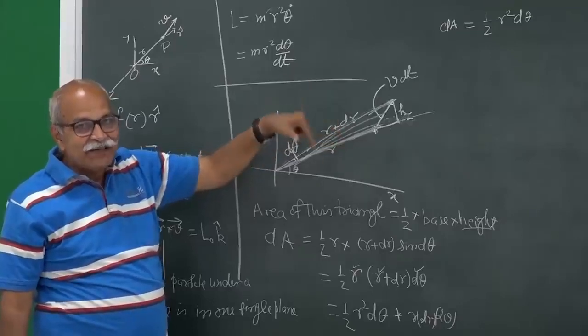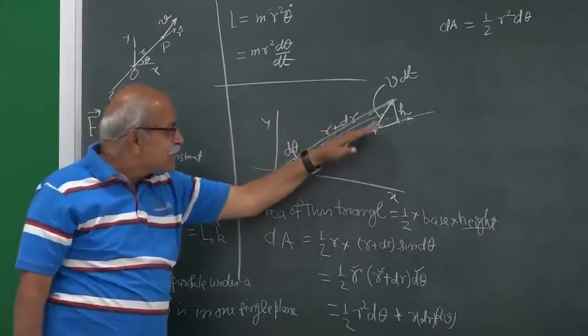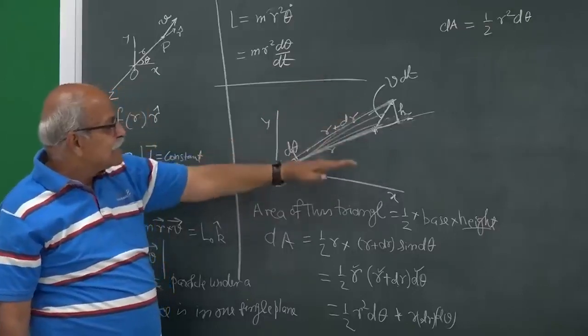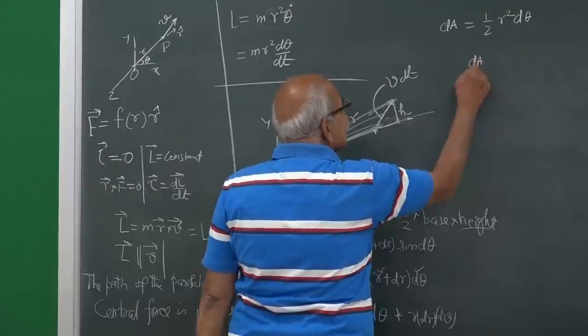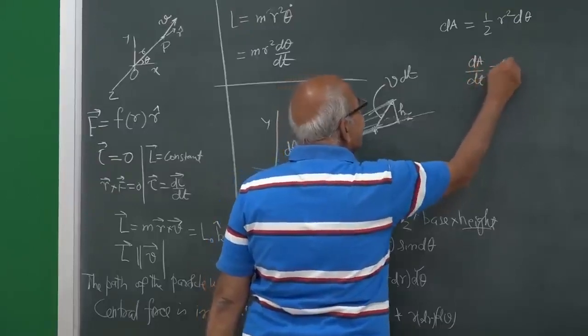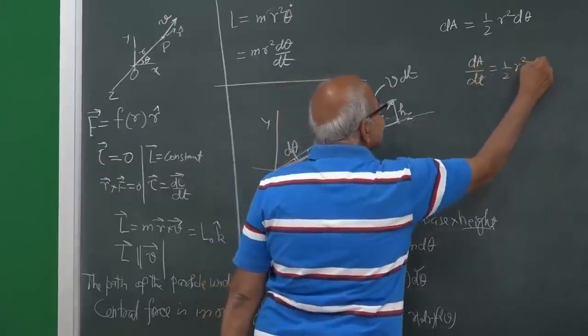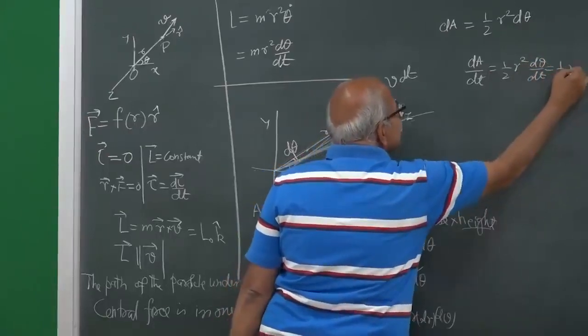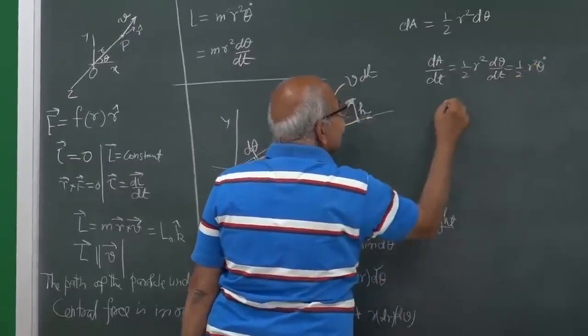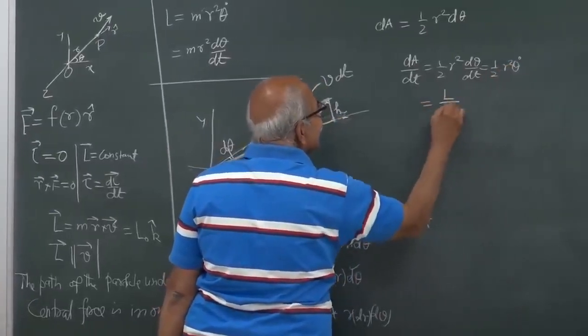So the rate at which this area is being swept will be dA by dt, and that dA by dt will be half r square d theta by dt, that is half r square theta dot, and that is L divided by 2m.